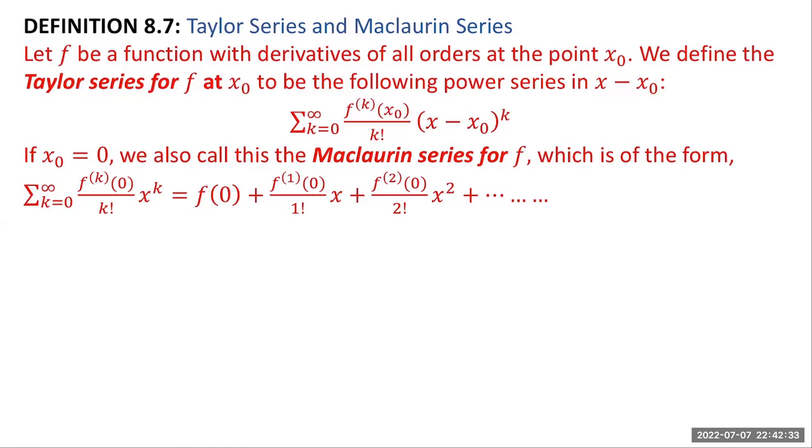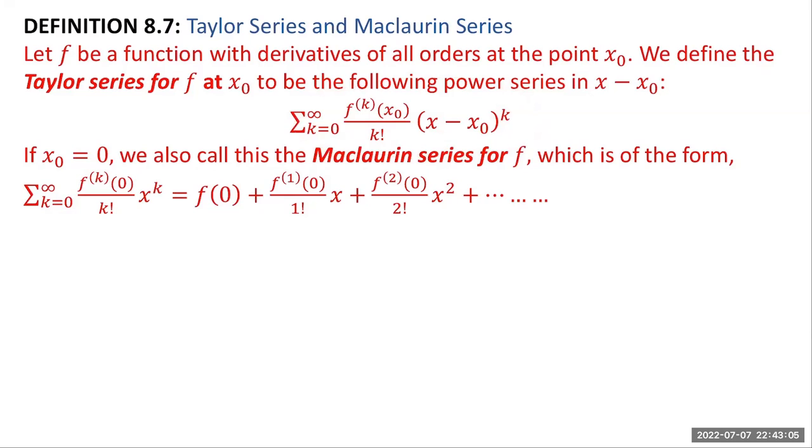This time k goes from 0 to infinity, not up to n. Remember, in the previous case, when we defined the n-th Taylor polynomial, we stopped at n, but this time we continue up to infinity. The sum over k from 0 to infinity of f^(k) of x naught divided by k factorial times x minus x naught to the power k. This is what we call the Taylor series for f at x naught.